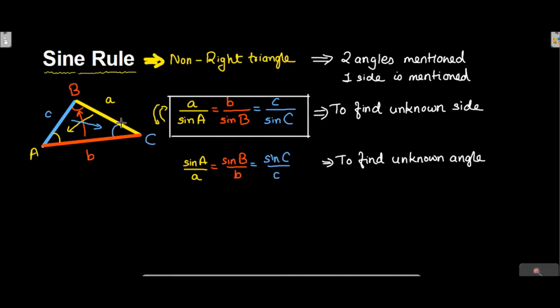Okay, so these are the two formulas you should remember in the sine rule. If you write the side in the numerator, you're finding the unknown side. If you want to find the unknown angle, then sine A should come in the numerator and the side in the denominator. This is the basic theory, and let us solve the question.